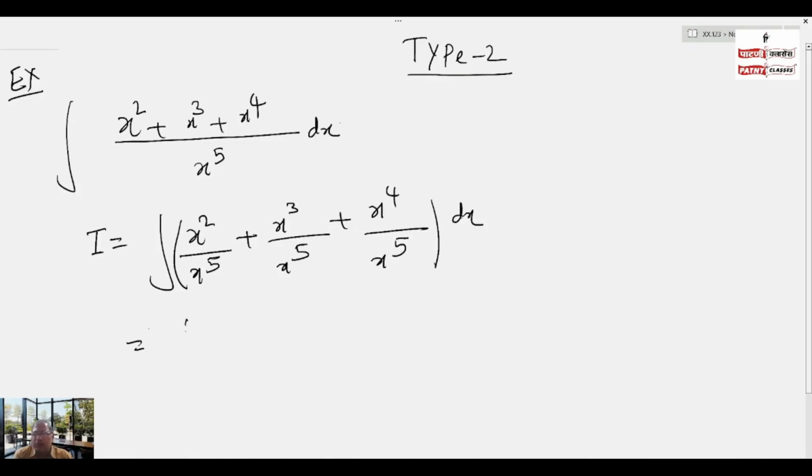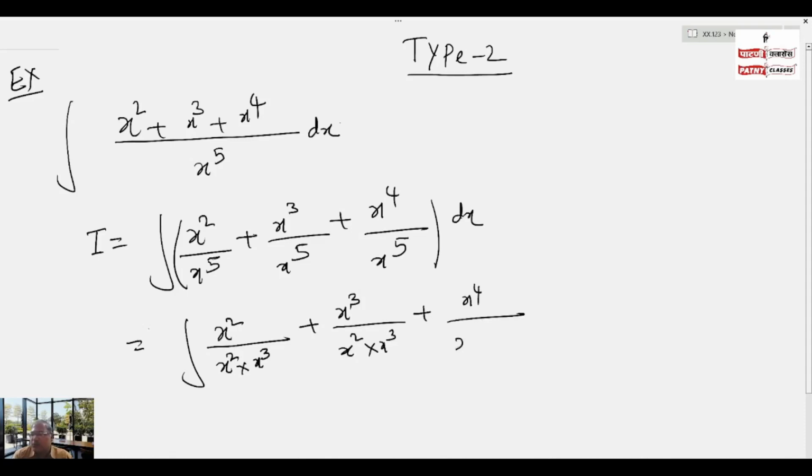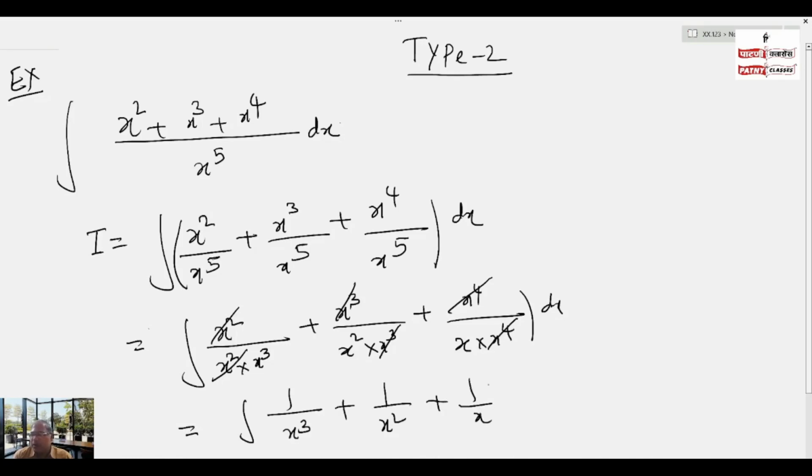Then x raised to 5 can be written as x square into x cube, and x raised to 5 can be written as x into x raised to 4, and these cut down, equals 1 upon x cube plus 1 upon x square plus 1 upon x with respect to x.